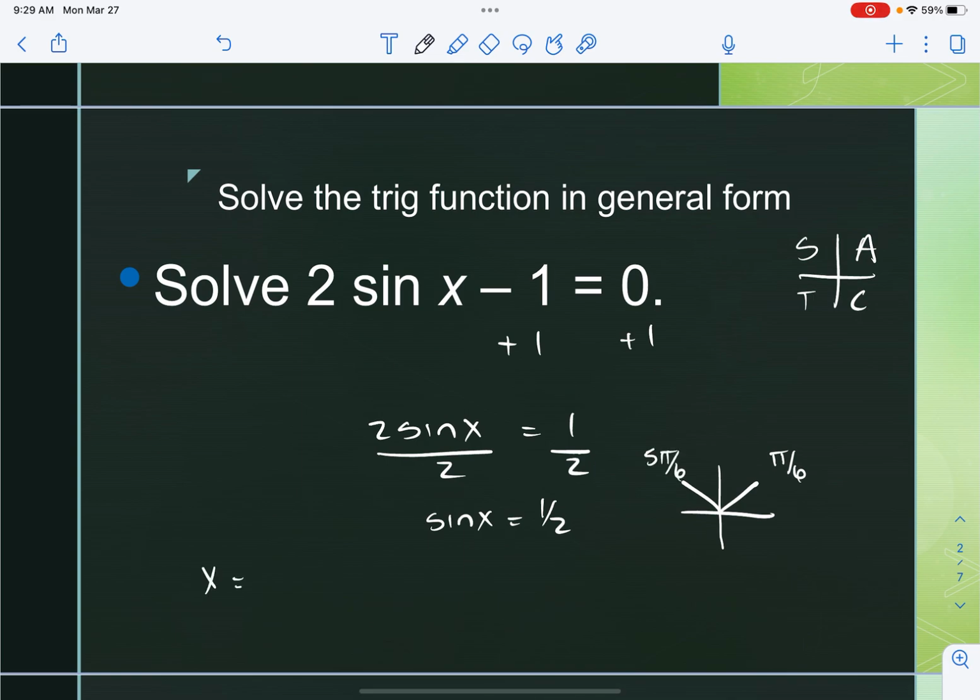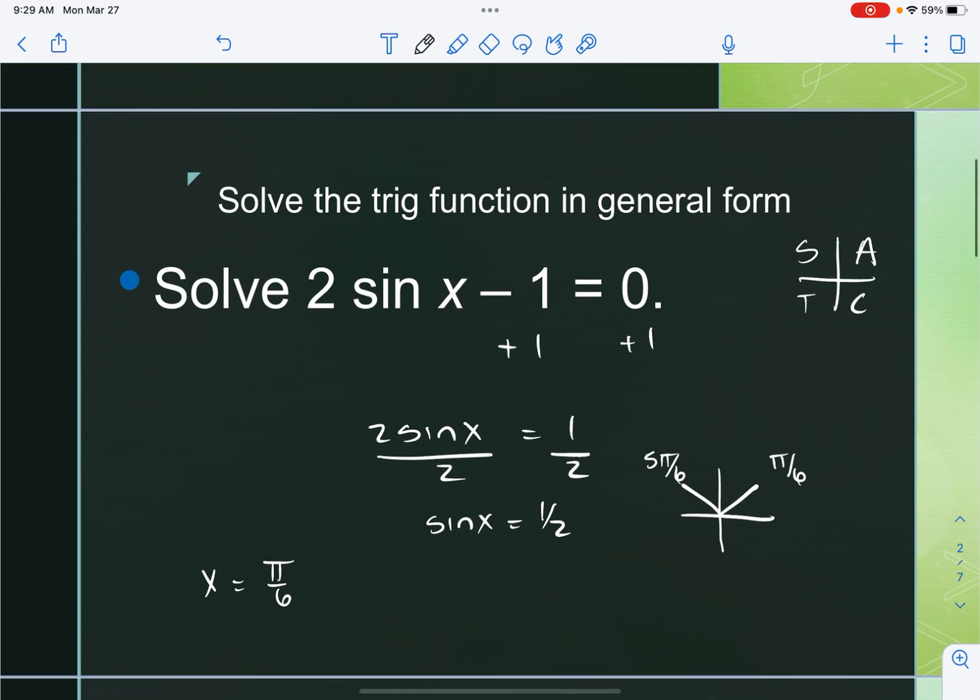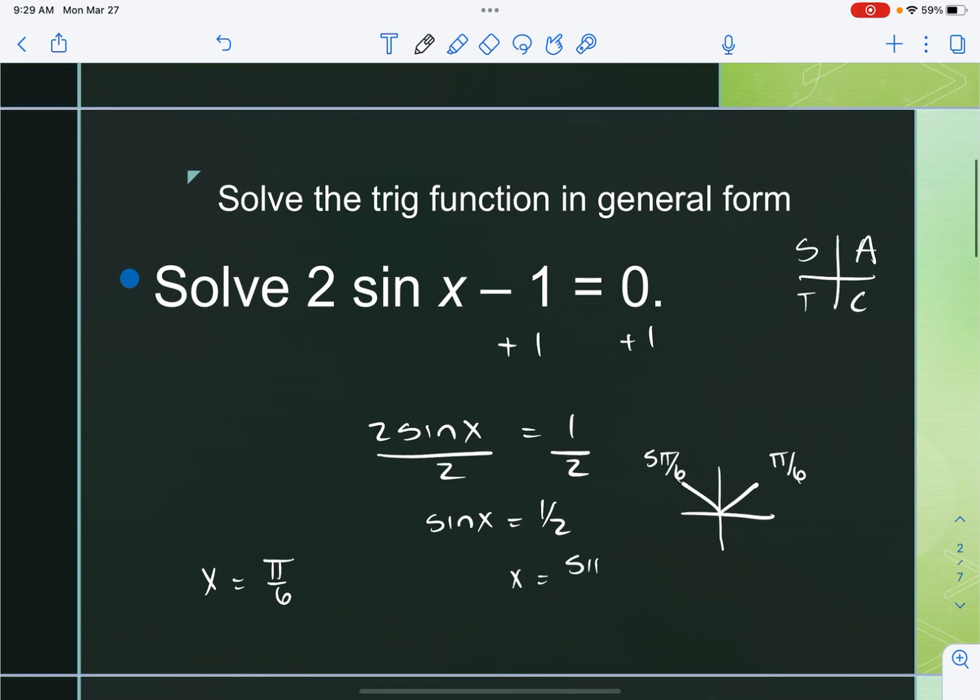So our answers will be x is equal to pi over 6 and x is equal to 5 pi over 6. And that's only on the unit circle. But because they want the general form, they want all of the angles that land on pi over 6 and all of the angles that land on 5 pi over 6. That means that, remember, we need coterminal angles, and the period for sine is 2 pi.